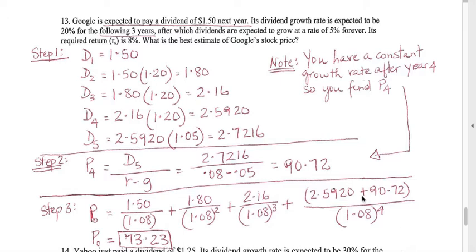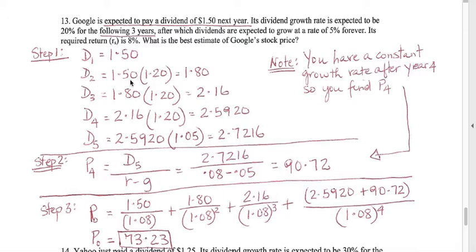So this time you want to start with your D1 because that's what you're given. D1, $1.50. D2, remember it said that the dividends are growing at 20% for the following 3 years. 1, 2, 3.